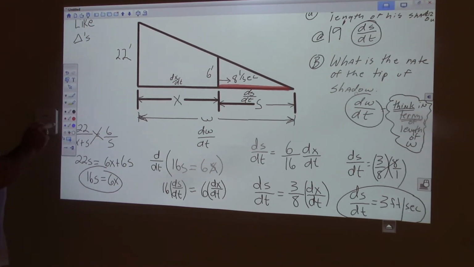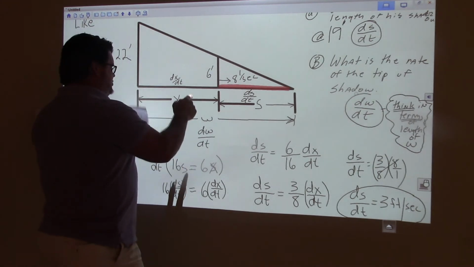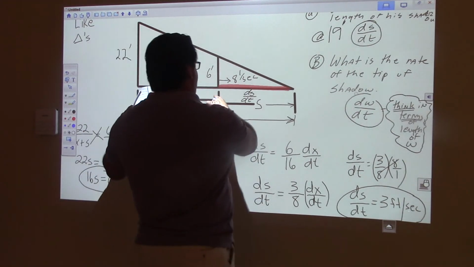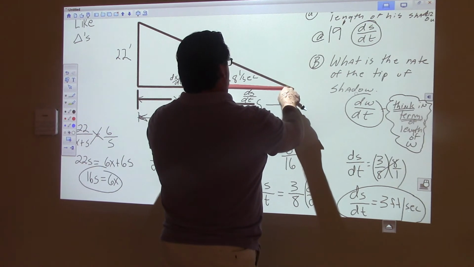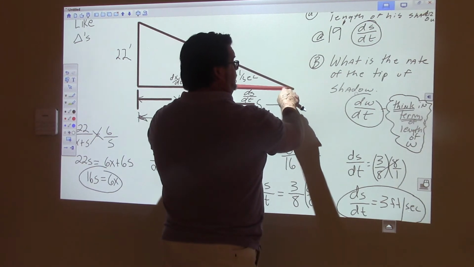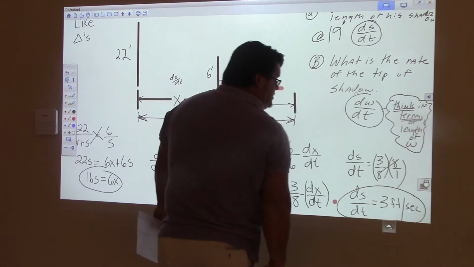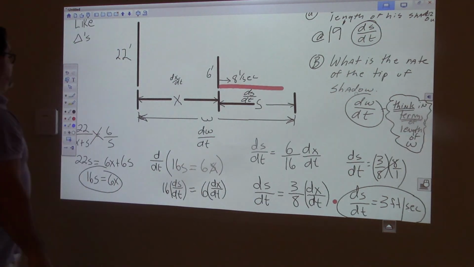Yep, the rate. We found how fast the length of his shadow is increasing at 19 feet. How fast is it increasing? 3 feet per second.